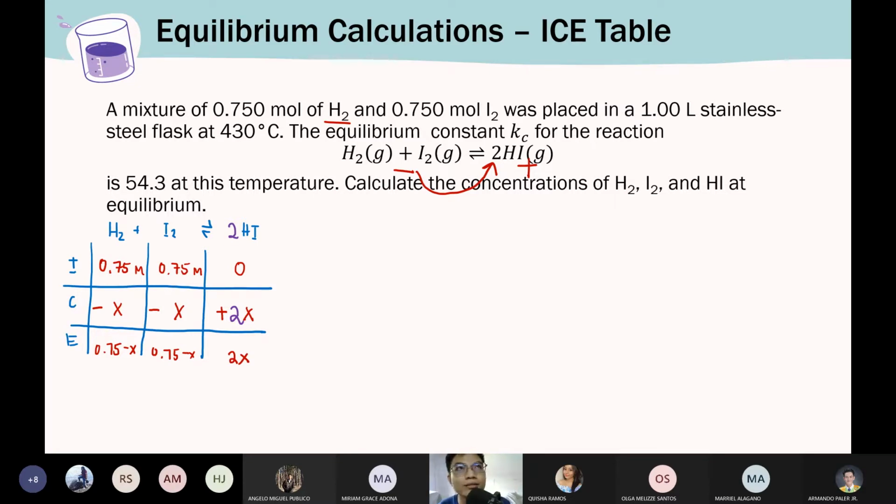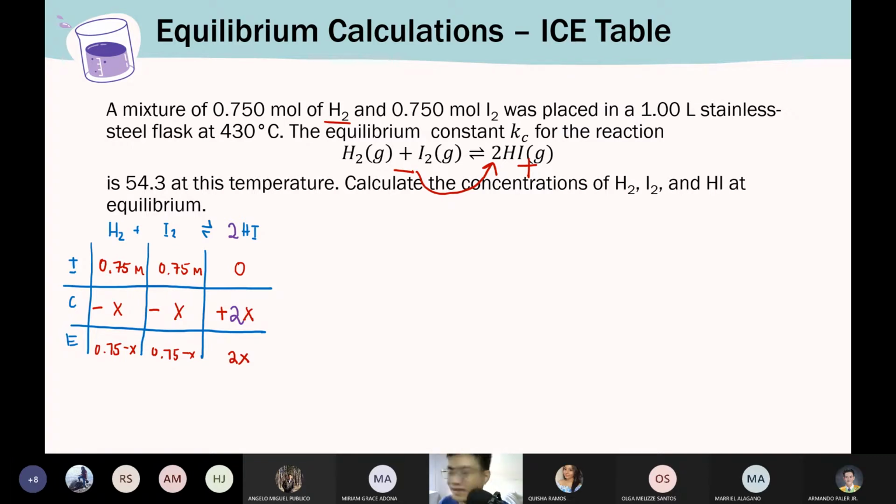Ang nakalimutan ko sabihin earlier, kapag may coefficient, it will be reflected sa change, no? So, kung 2 yung HI, edi 2x din dapat. Kapag 3 yung HI, edi 3x. Kapag 4, edi 4x. Okay?